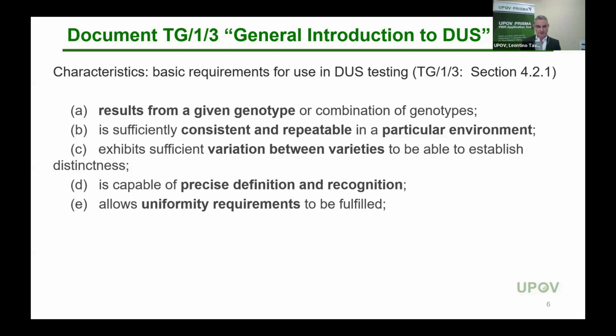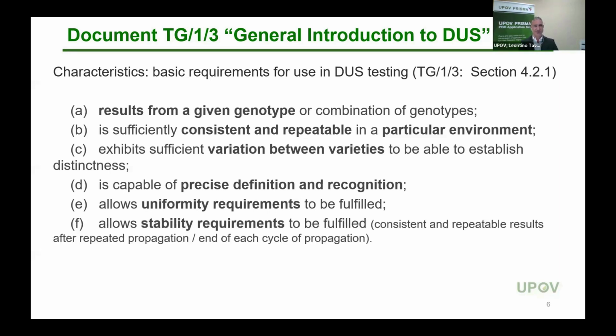Every characteristic used for DUS examination should enable assessing uniformity. That is, the characteristic should be possibly observed in each plant within that variety, and also enable assessing stability, that is, over successive generations of cultivation, the expression of the characteristic could be assessed.